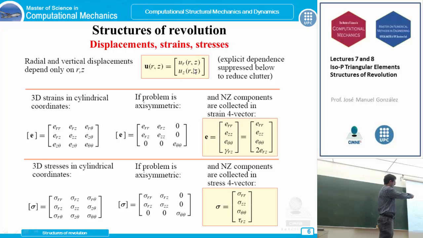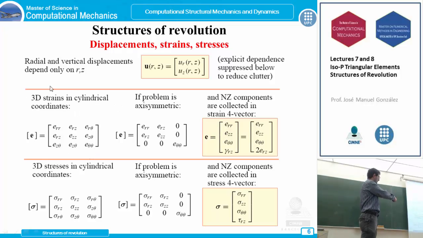They depend only on the radius and z coordinate. So the axisymmetric distribution of the particles leads us to a displacement that does not depend on the circumferential component. So theta here vanishes. So we have two displacements depending on r and z.